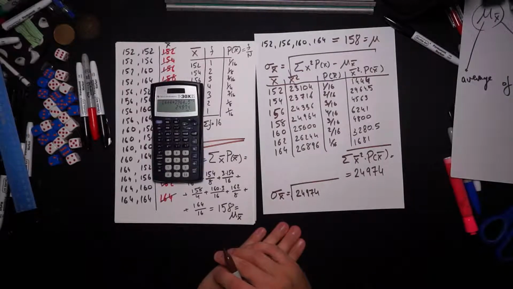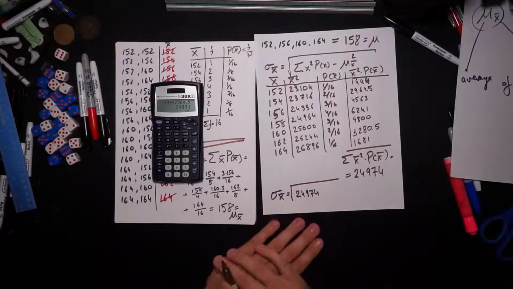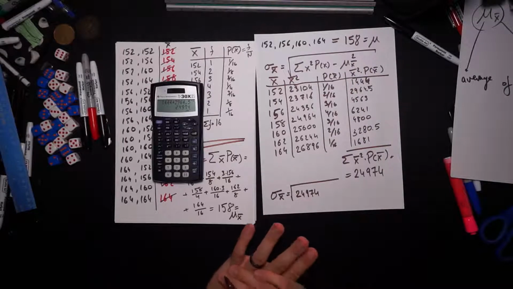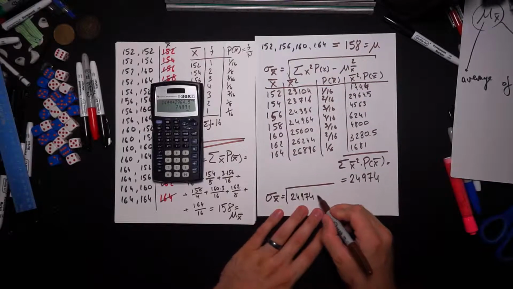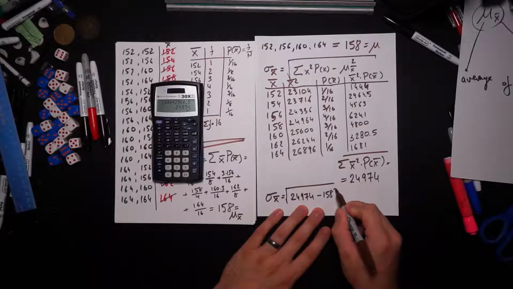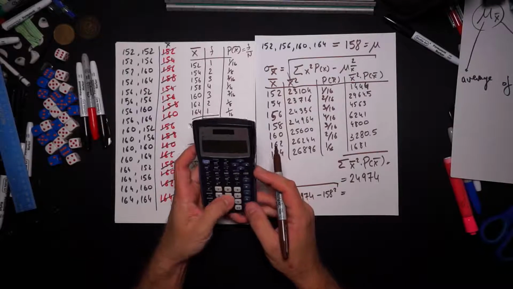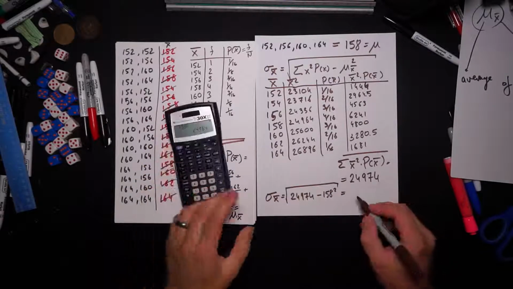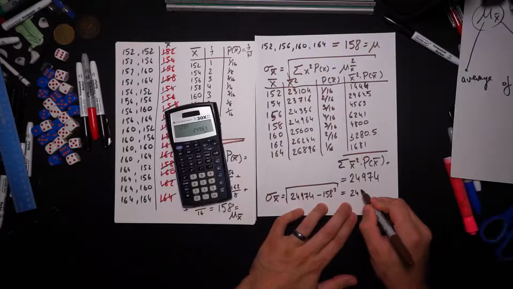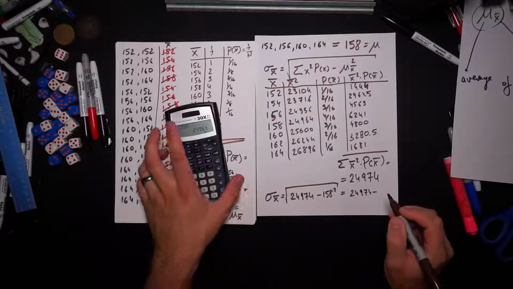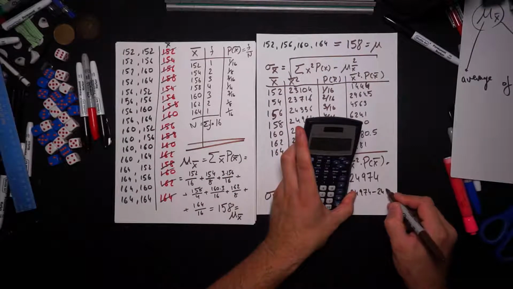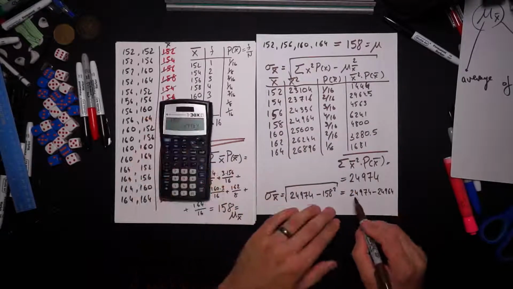Ooh, I made a mistake. There should be a square here. All right, well, glad I saved it. Minus 158 squared. How much is 158 squared? Alright, so this is 24974 minus 24964.